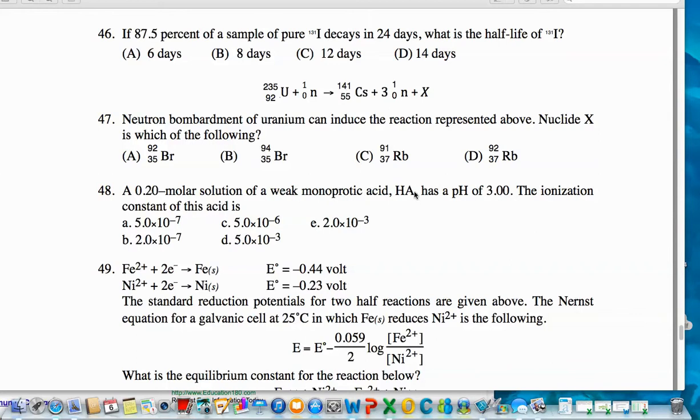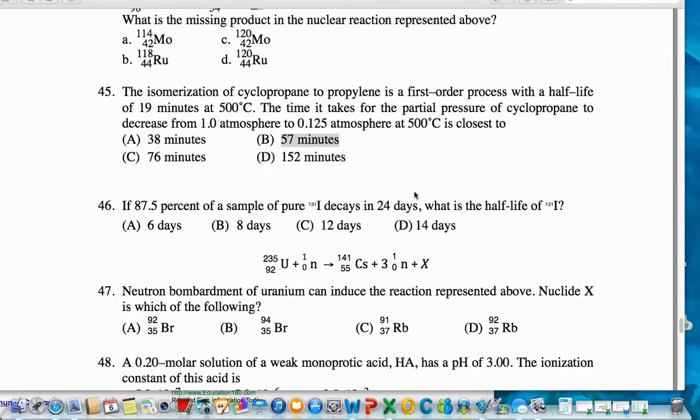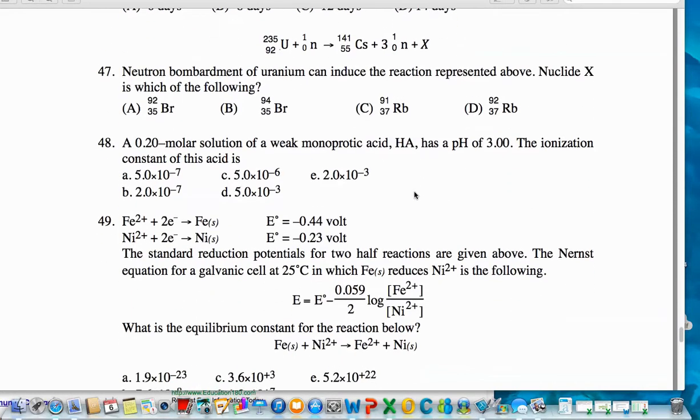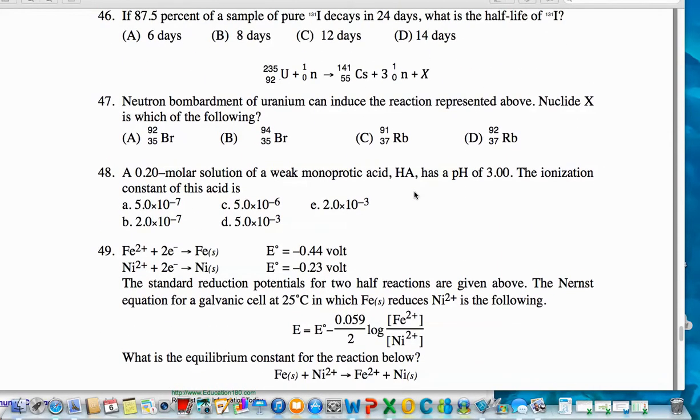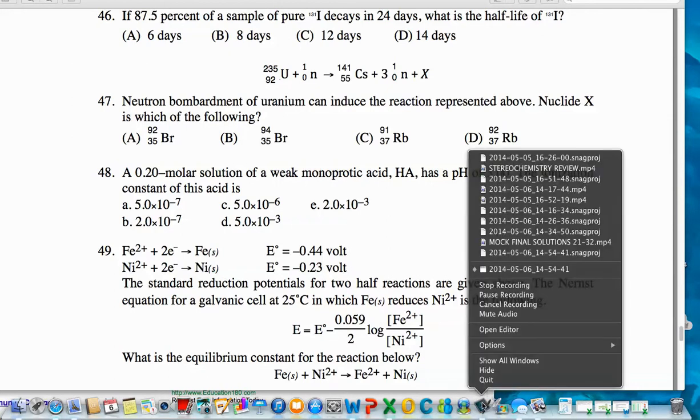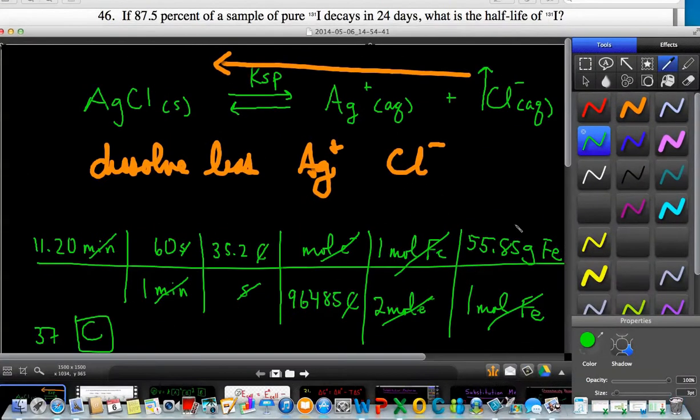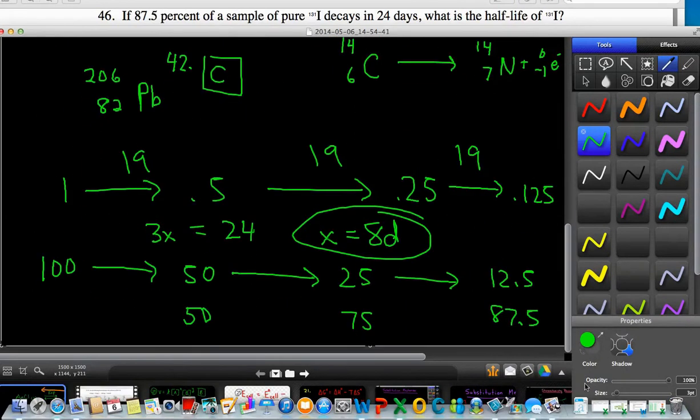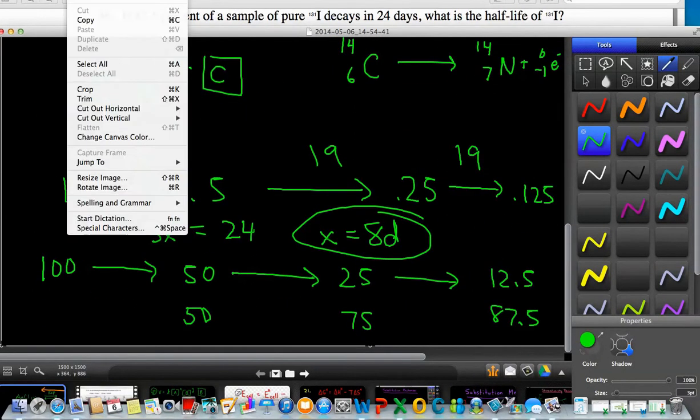All right, so 47 is going to be very similar to 44. In 47, we'll just map this out for a moment. Need a new sheet.